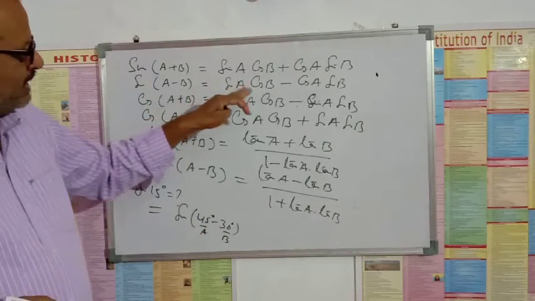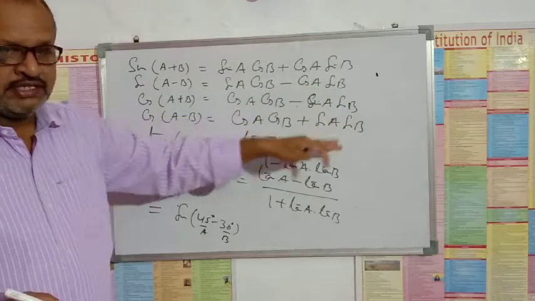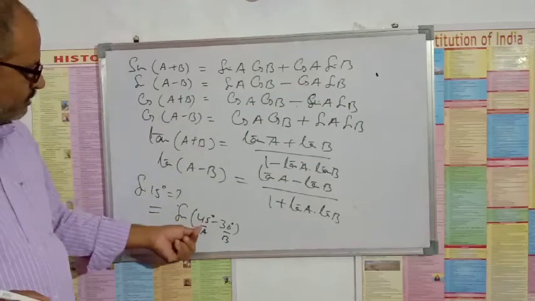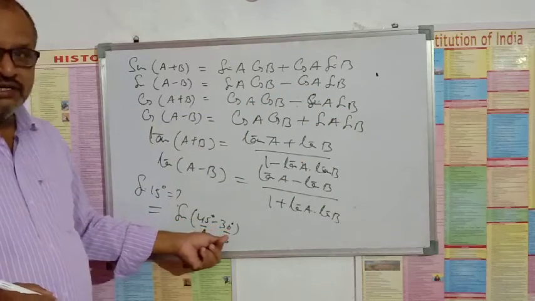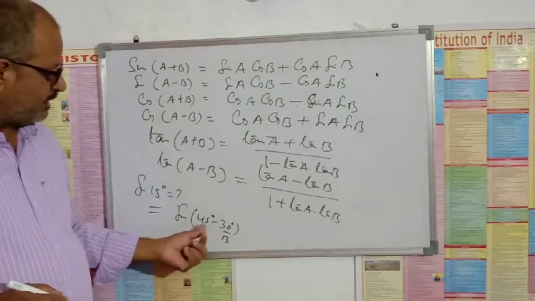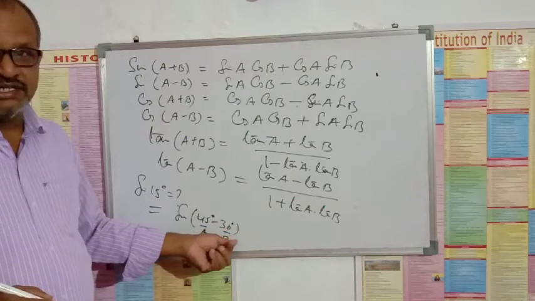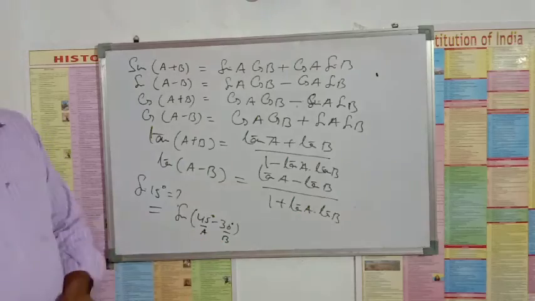So we can write sin A cos B minus cos A sin B, and the values of sin 45, cos 30 we can write from the table. We already know sin 45, sin 30, cos 45, cos 30.